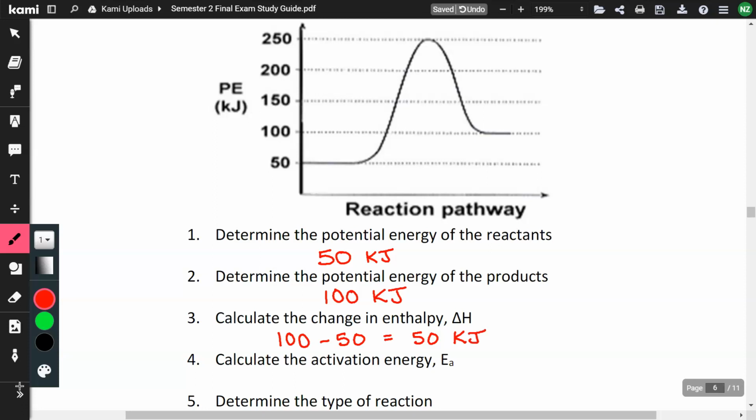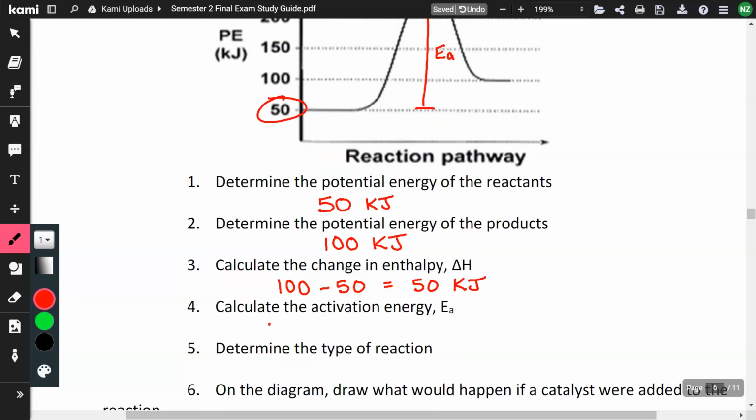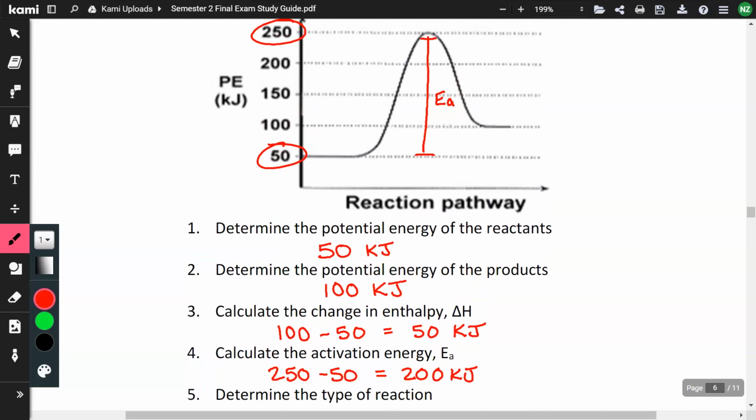All right. Activation energy is where you're starting to the top of that hill. So EA is right here. It goes up to 250, and we started at 50, so I just need to subtract. Okay.